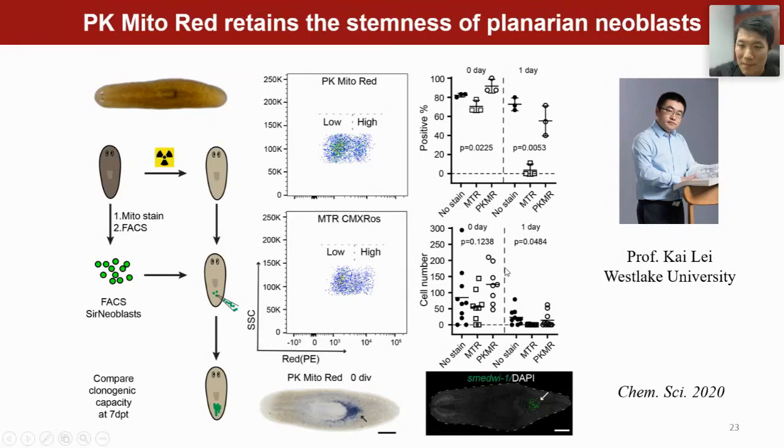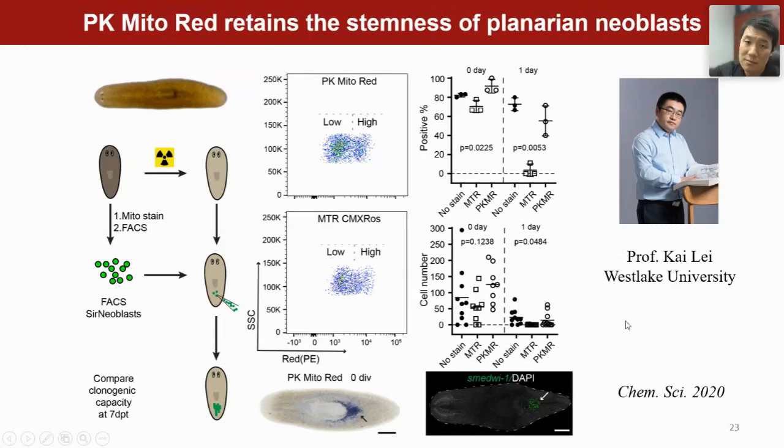So I show this data to you because I want to highlight the biocompatibility of PK Mito Red, not just under light. It's really biocompatible, so it is also applicable to all kinds of primary cells for cell sorting purposes.